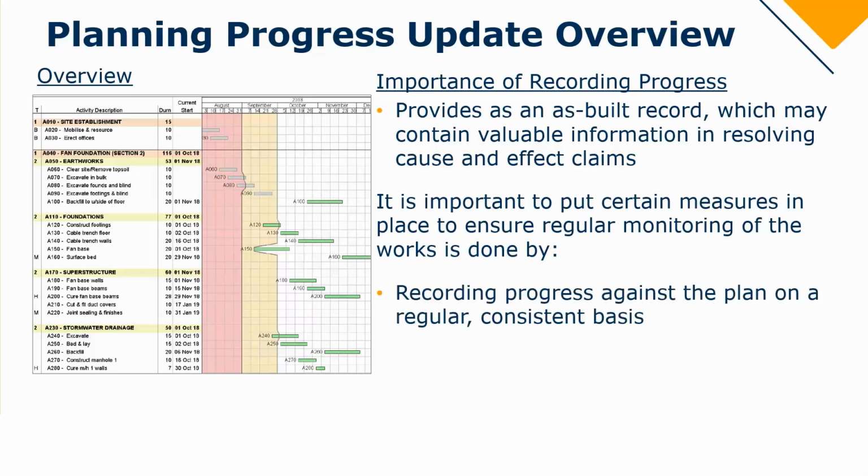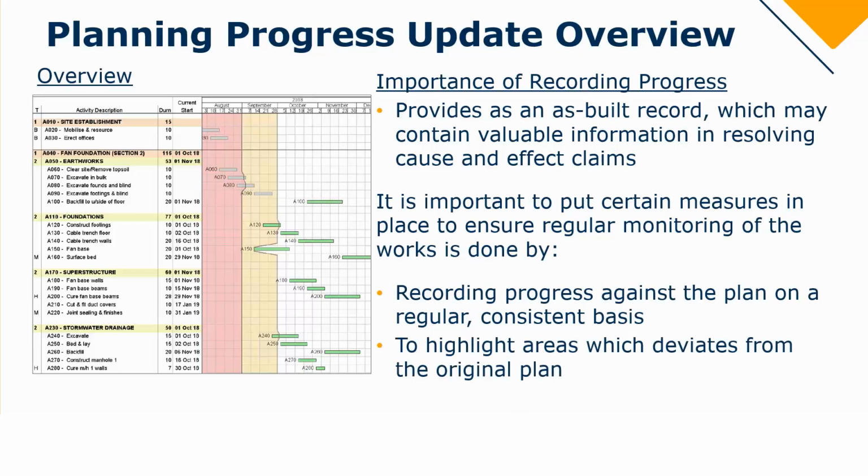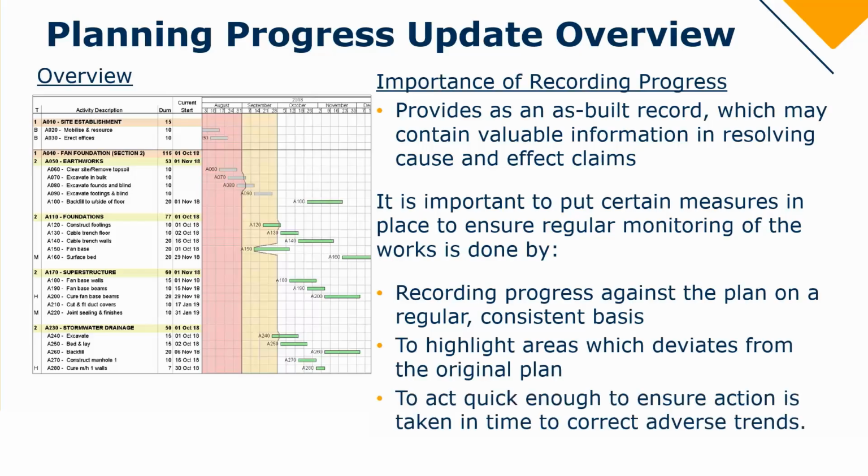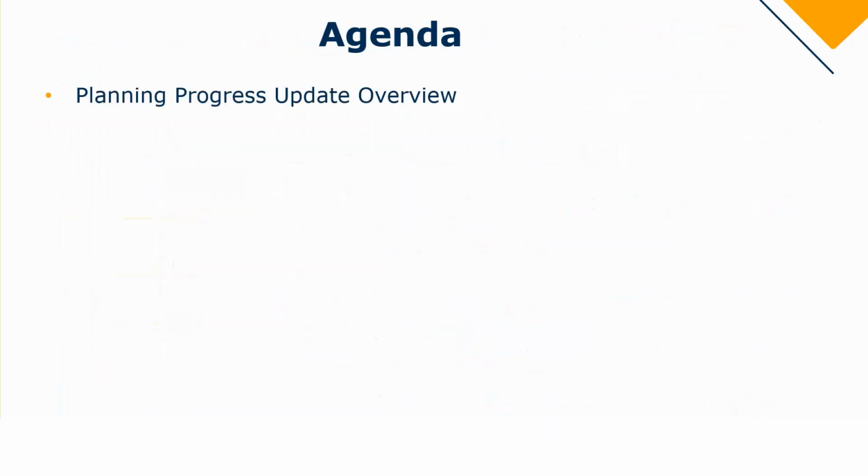This can be achieved by recording progress against the plan on a regular, consistent basis, to highlight areas which deviate from the original plan, but also to act quick enough to ensure that action is indeed taken in time to correct adverse trends.